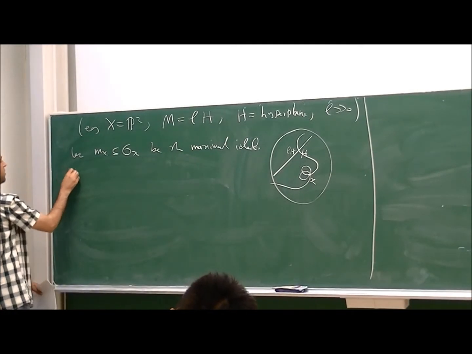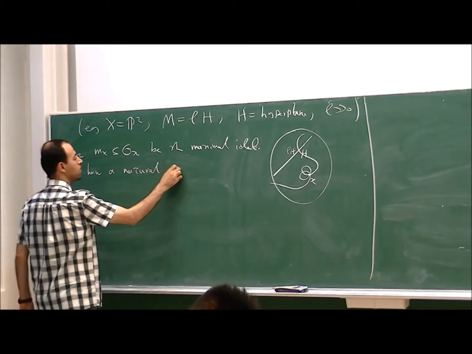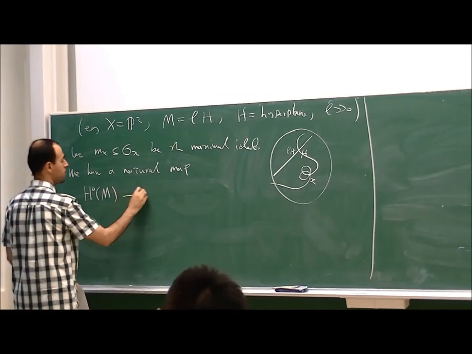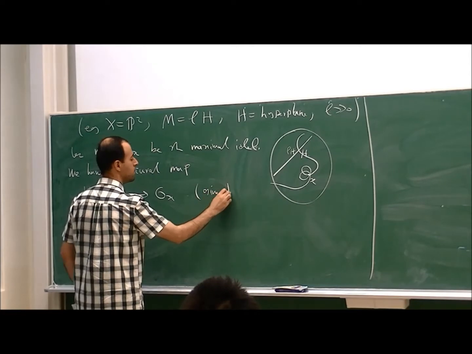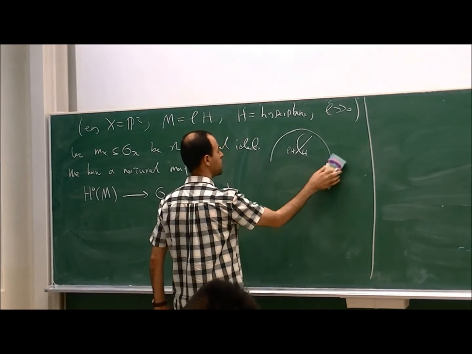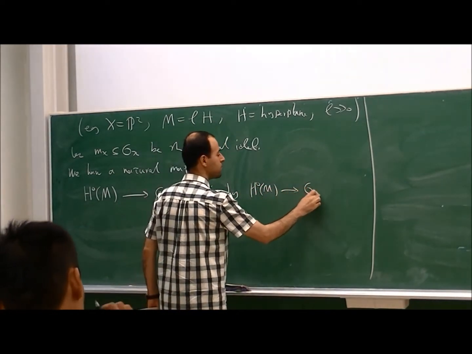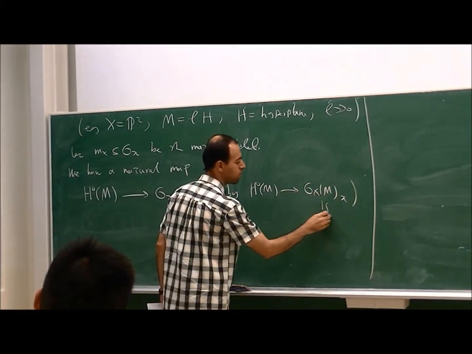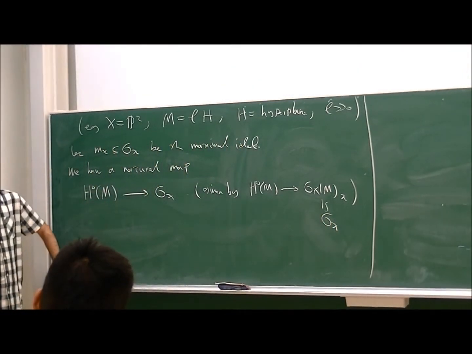Then we have a natural map from the sections of this line bundle to O_X. This comes from the fact that you have a natural map to the localization of this line bundle at X, but this is isomorphic to O_X. So you fix one such isomorphism and then you will get one of these maps.